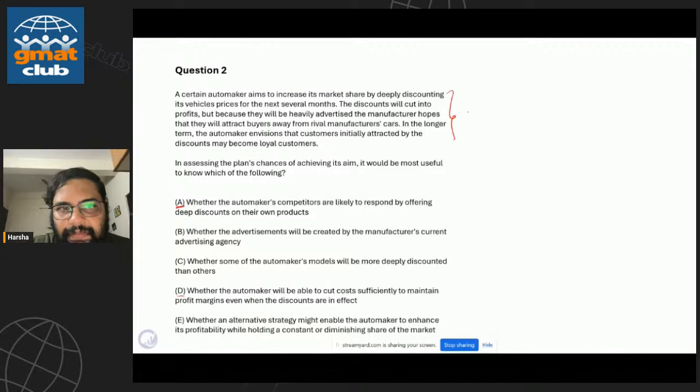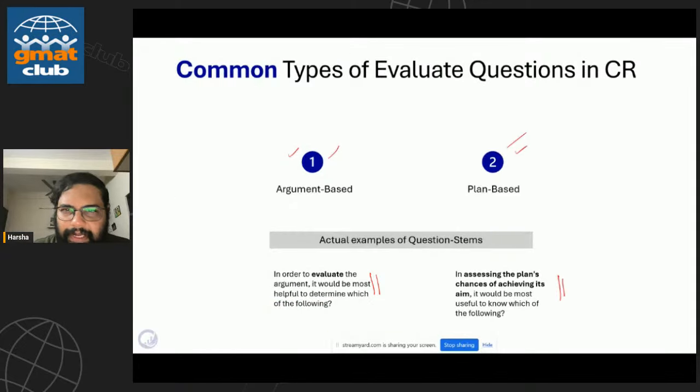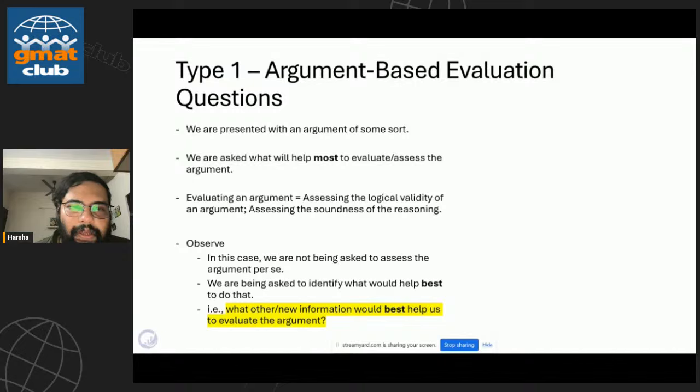Now, if you ask me if question two is presenting to you an argument, actually, no, you don't see the author actually making a conclusion. Yet, what you'll see is there's a specific plan that's being brought to you, there's a specific goal for that plan, and the evaluate question here is usually asking you to assess something pertaining to the plan, right? And this is like the bulk of evaluate questions that you'll see, but I will also discuss some minute variations as we proceed, right? So let's deep dive a little bit into argument based questions, right?